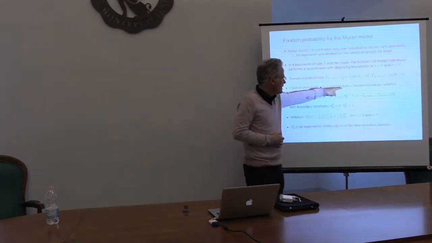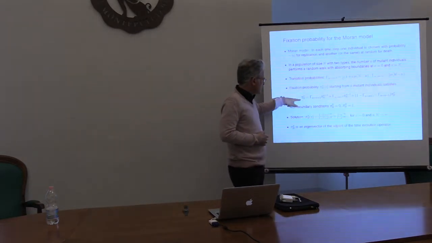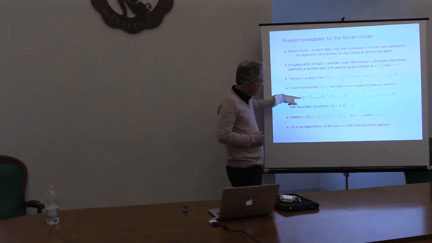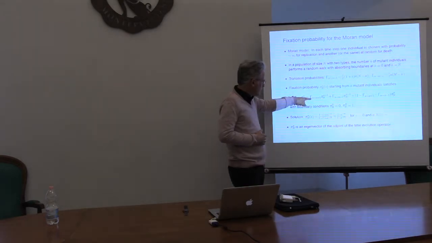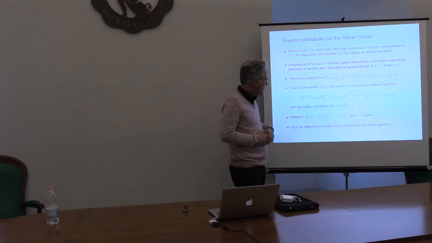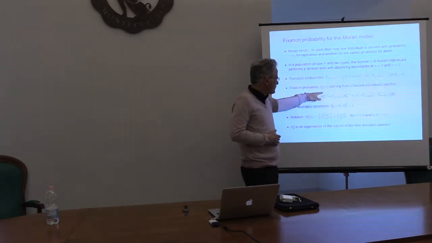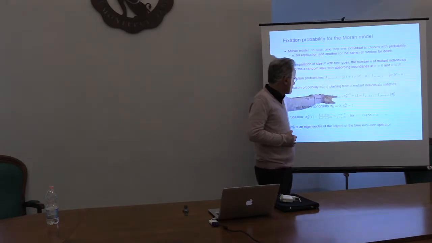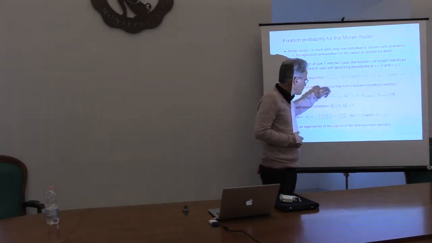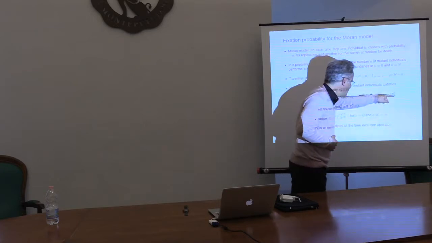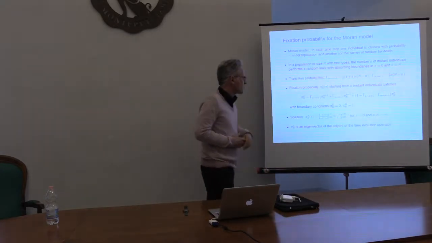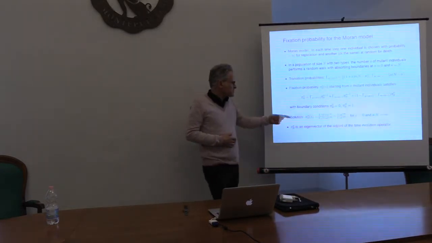So if you start from n mutant individuals, the fixation probability can be computed in this way. This is the fixation probability starting from n mutant individuals. If you now, in the next step, make a transition from n to n plus 1, then from there on you again can go to fixation from n plus 1, or you do a transition from n to n minus 1 and go to fixation from there, or you do nothing and you stay where you are. So you have this recursion, and this recursion has boundary conditions.